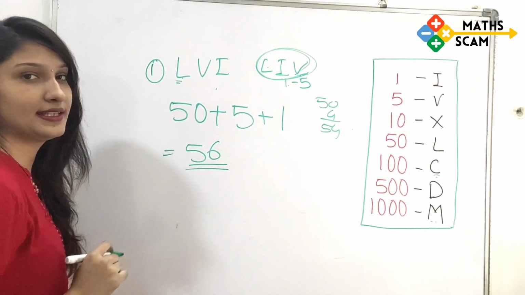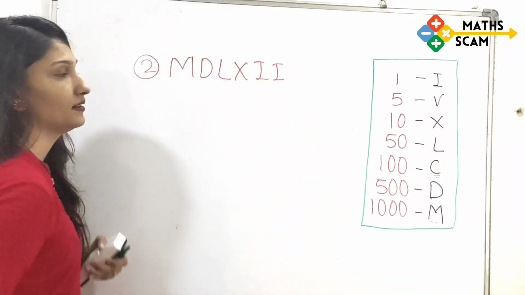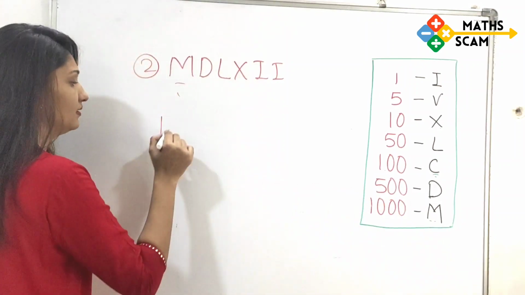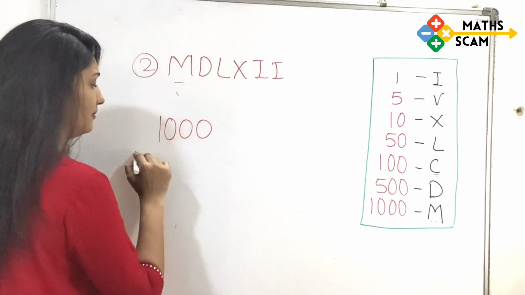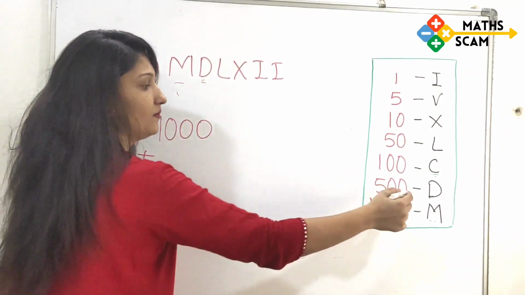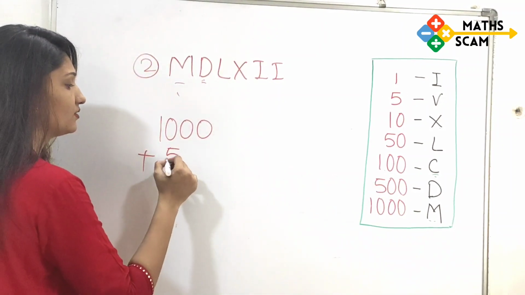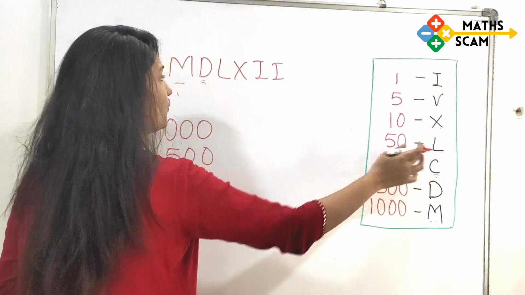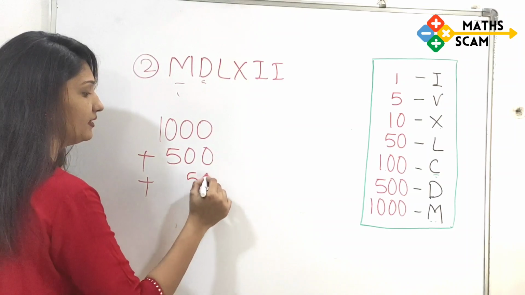Okay, next we'll see example double I. Okay, how to write? M stands for 1000. So write 1000 plus D stands for 500. So write 500 plus L stands for 50. So write 50.